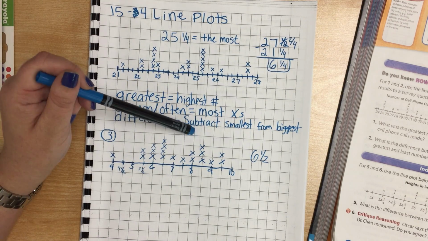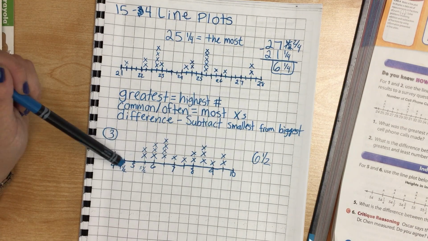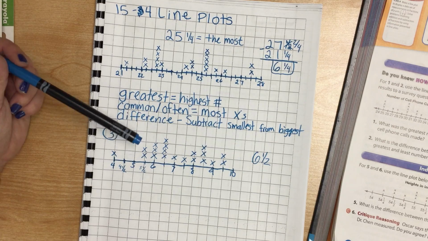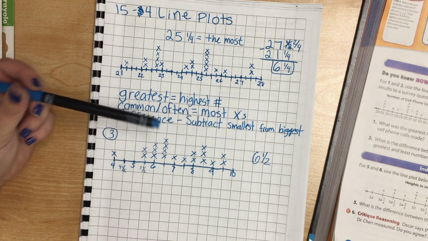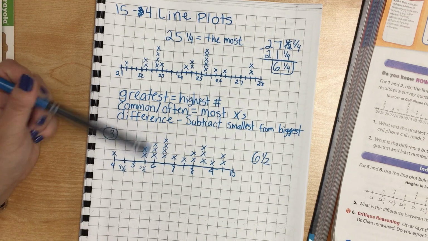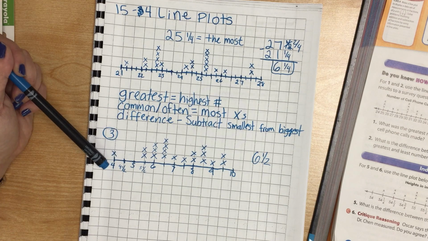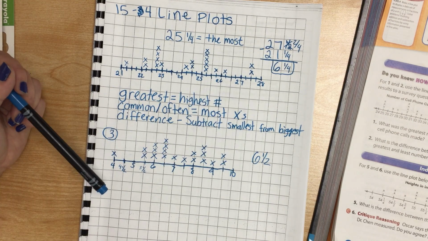You need to know what the title is. The title of this one was Shoe Sizes from a Survey. You could get questions as much as how many shoes were needed for people in size 6, or how many people in all were surveyed. Then you'd have to count all the X's.